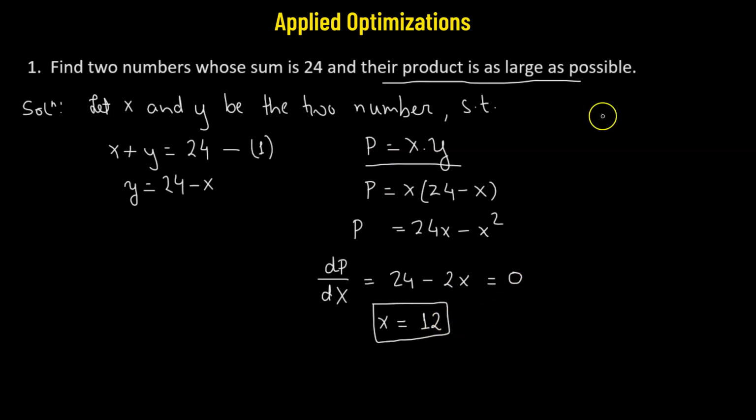For that, we need to perform the second derivative test. All we have to do is take dP over dx and again find its derivative with respect to x. This will be equal to negative 2.